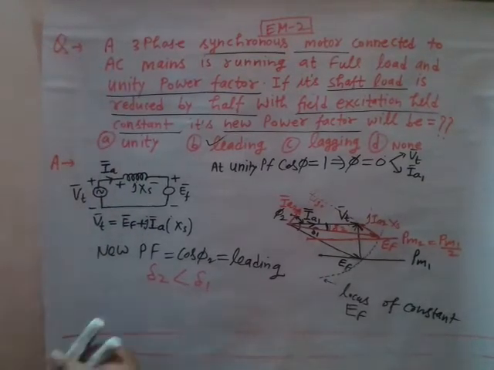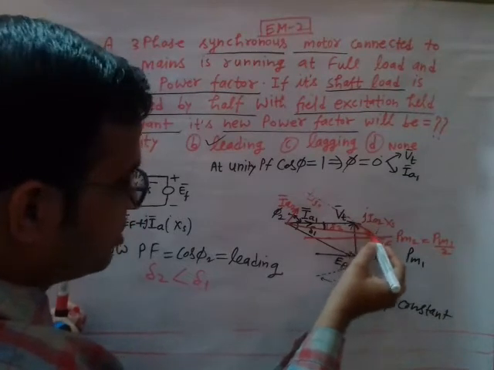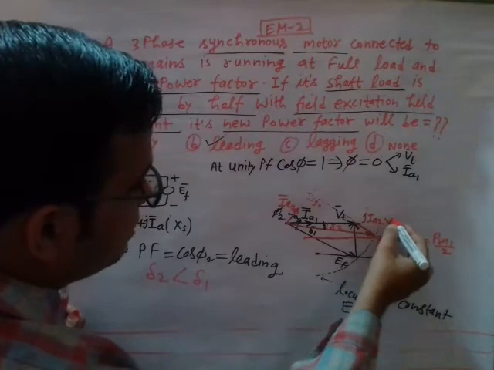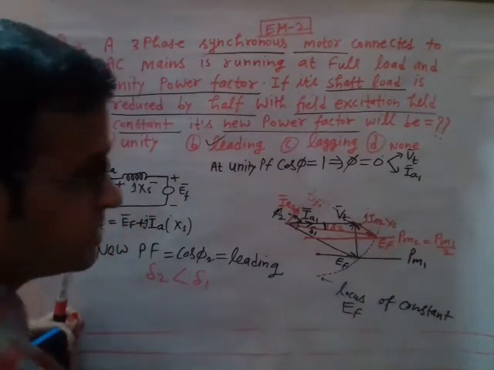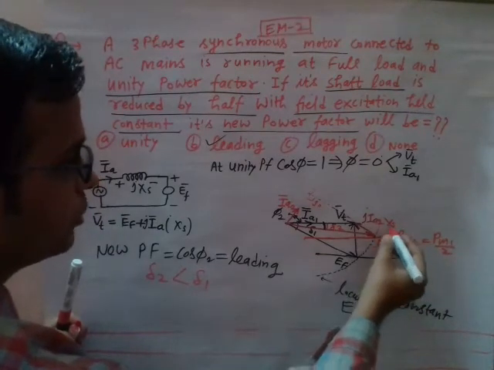What would be the new armature current? Just analyze. The length of this phasor is nothing but the representative of armature current only. Xs is the winding parameter. Anyway, it is fixed, right? We are not going to change it. Xs is the synchronous reactance winding parameter. It is fixed in both the cases, right?